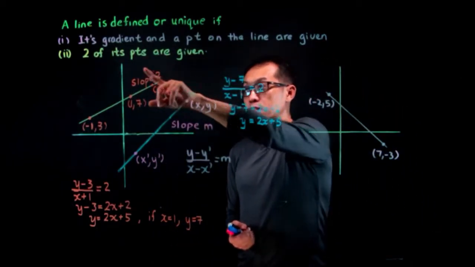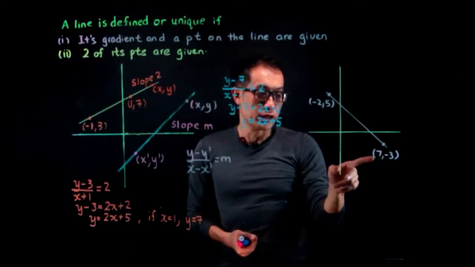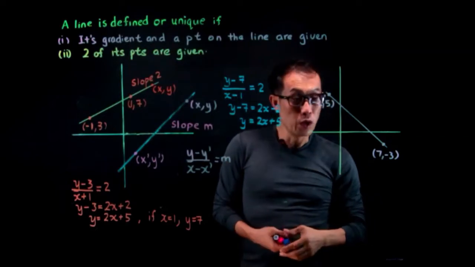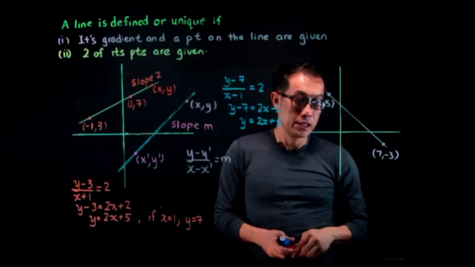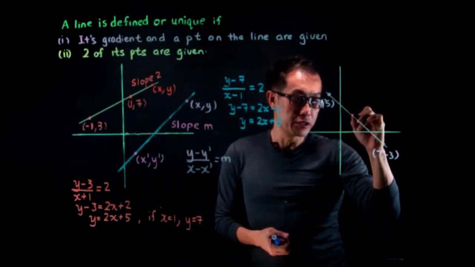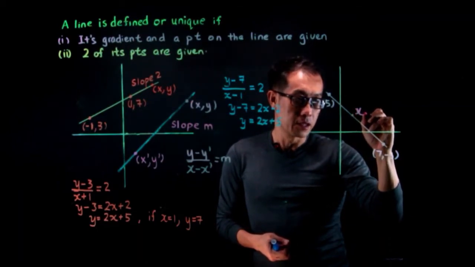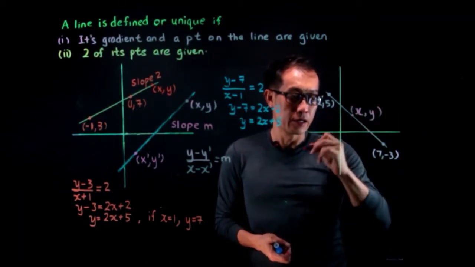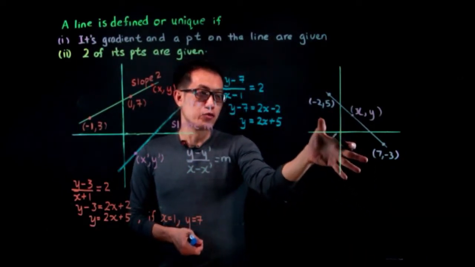Now let's see what case 2 means. If two points are given to you, how are we going to find the equation of the line? Let's say I put an arbitrary point here, x and y. Now what is the gradient of this line? You have two points here.